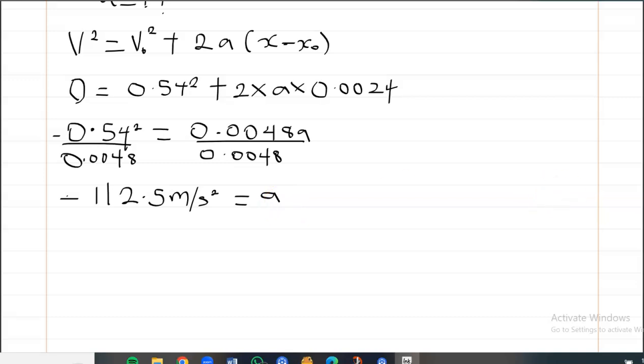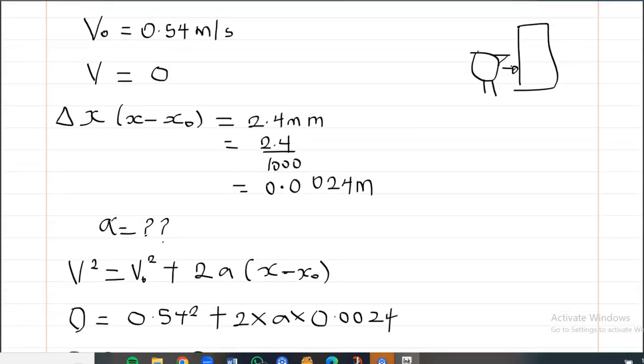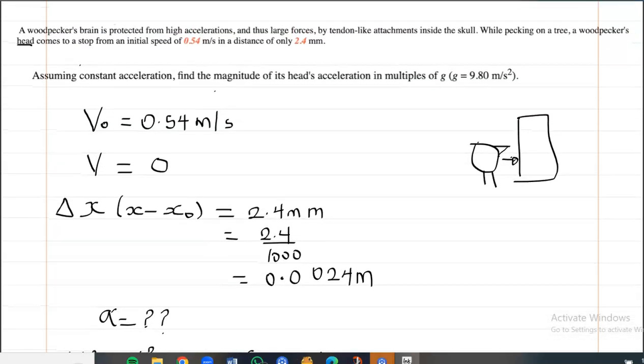Our acceleration is negative. Of course, it should be negative because we see that the head comes to a stop here, right? The head comes to a stop, meaning that what we are calculating is actually our acceleration in the backward direction, right?